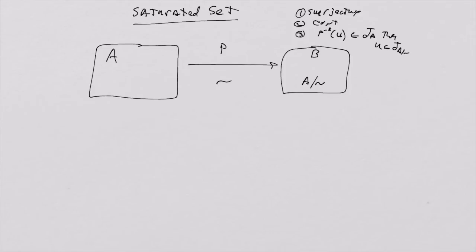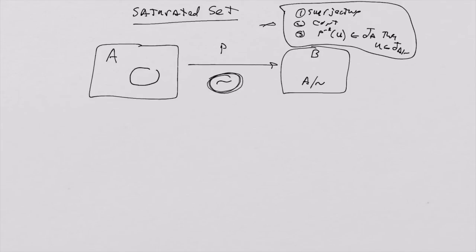It has to have those properties to be a quotient map. And it turns out that the natural projection based on an equivalence relation will have all of those properties.